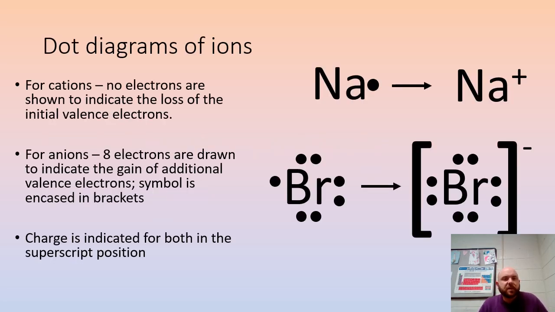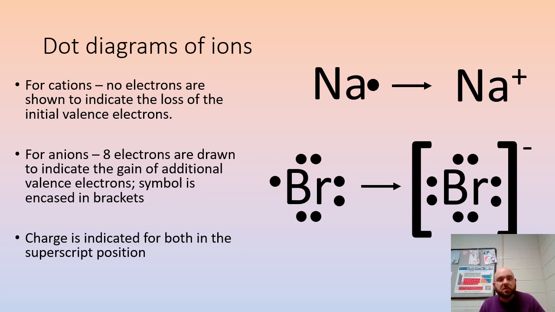When we want to draw the dot diagrams, the Lewis symbols, if you will, of ions, there are a couple of different ways it's done. For cations, no electrons are drawn, to show that cations lose their electrons in order to obtain their octet. Now, that may be the hardest part to figure out, because even though we don't depict it, the positive ions, the cations, do have 8 valence electrons.